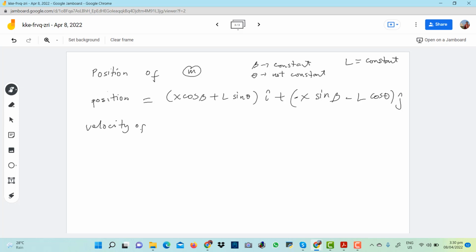The velocity of m is a complicated one because your variables here are two, x and theta.